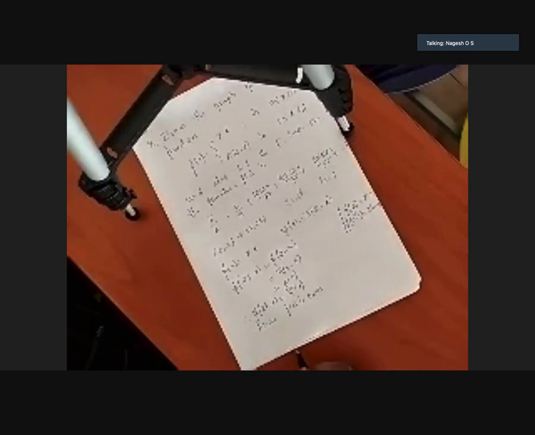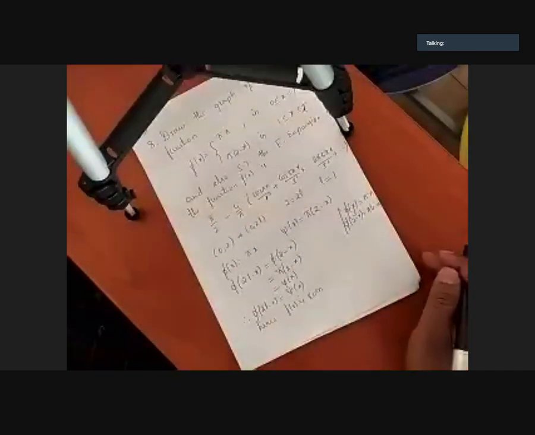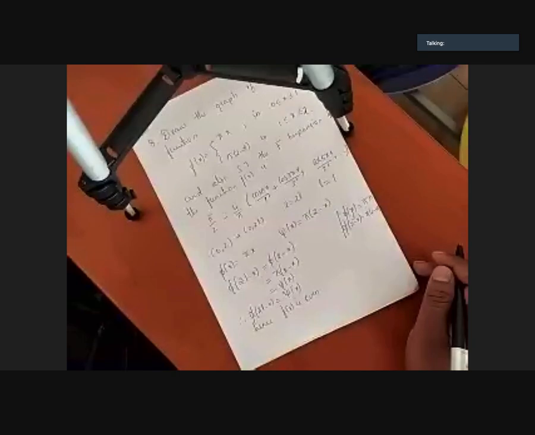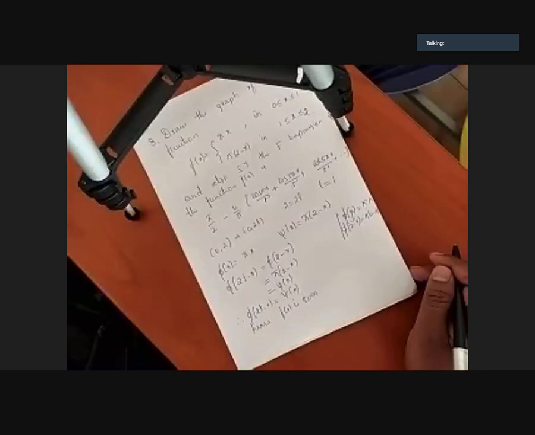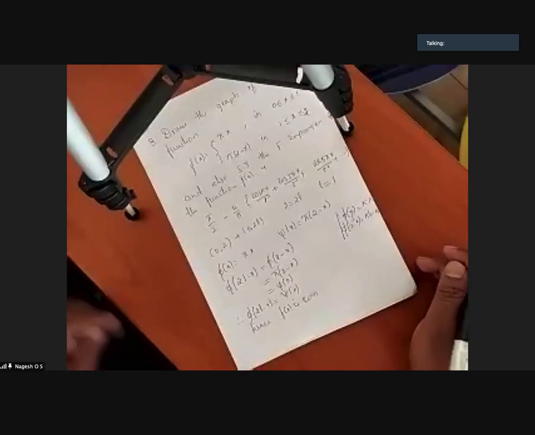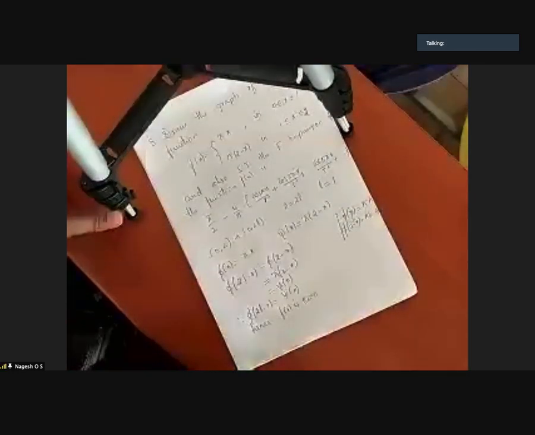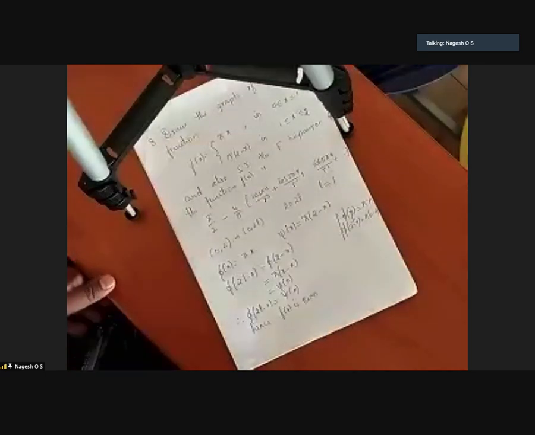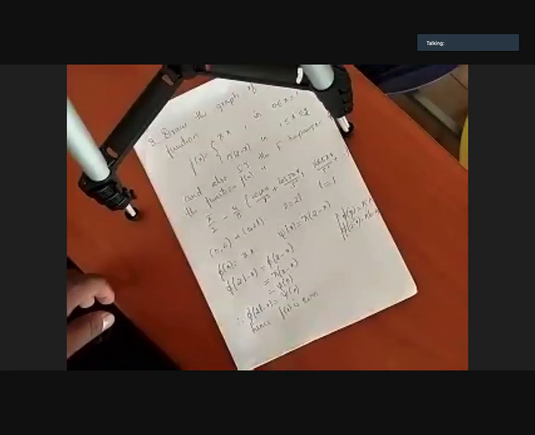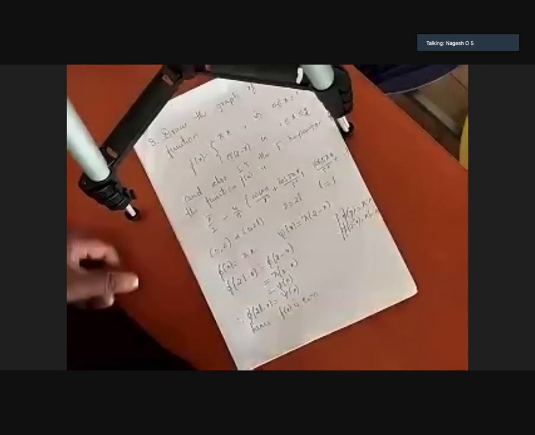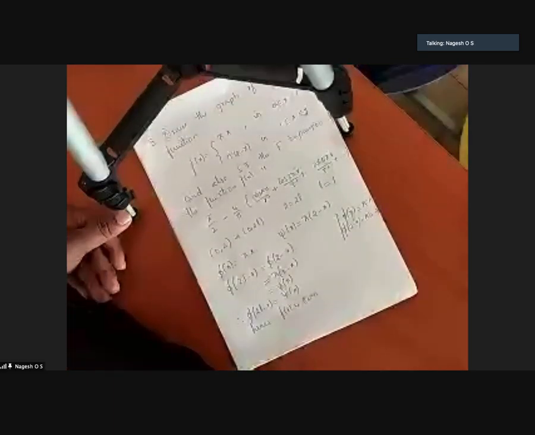Why is it not visible properly? Yes, the screen is not visible. Let me check. Wait, I will change.